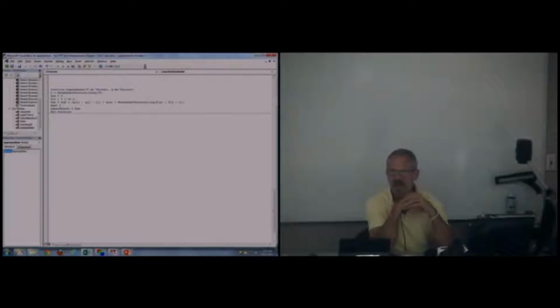Okay, that's all you have to type in. I guarantee, once you do that, it'll be much easier than trying to do it in the spreadsheet. That's all there is to the function.